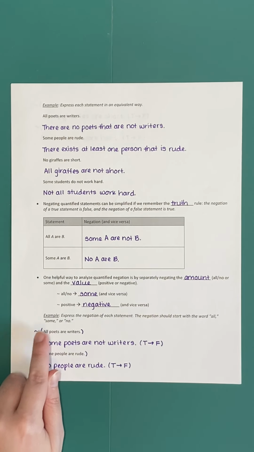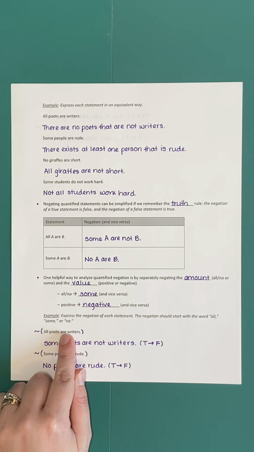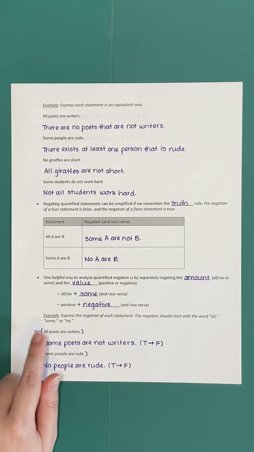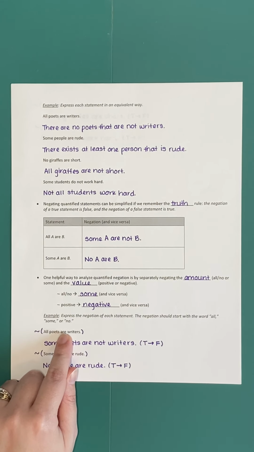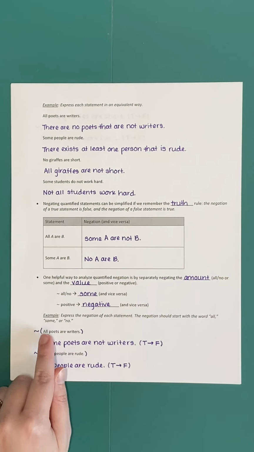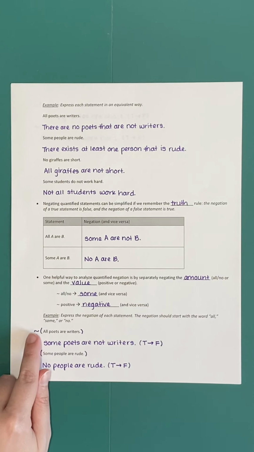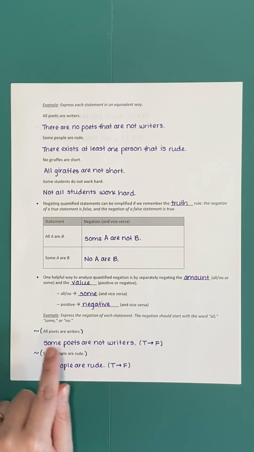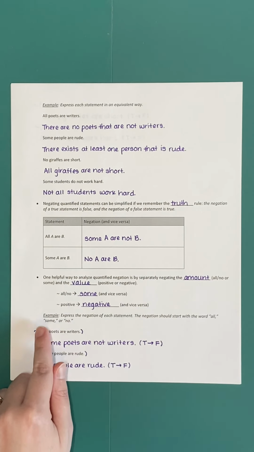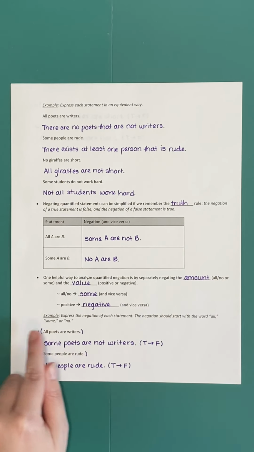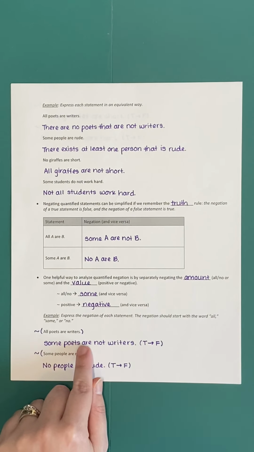We have all and we have positive. When we negate it, it's going to go from all to partial, and from positive to negative. So all poets are writers, negated, becomes some poets are not writers. So all and are, negated, becomes some are not.